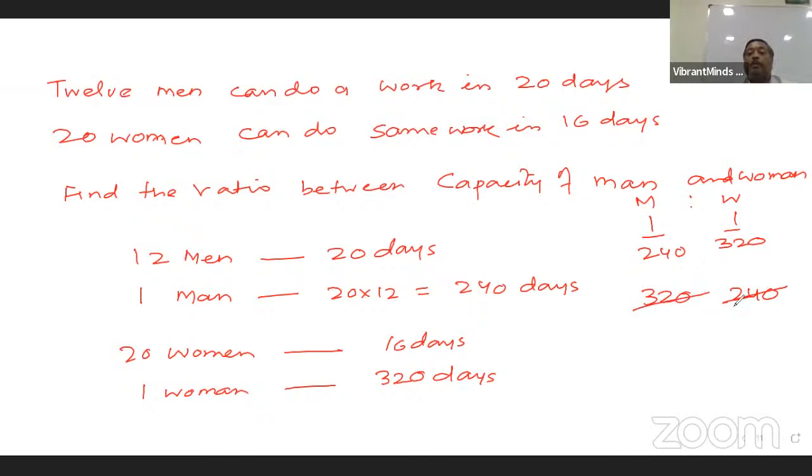That means the ratio, the 0 got cancelled, 0 got cancelled, is 8 into 4 is 32 and 8 into 3 is 24. Okay. So the ratio between capacity of man and woman is what? It is 4:3. Is it clear, guys?